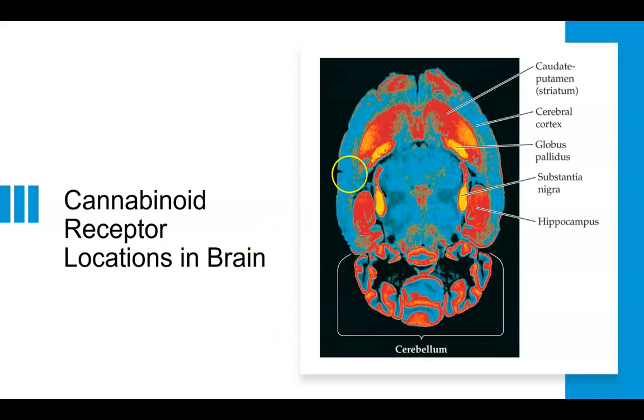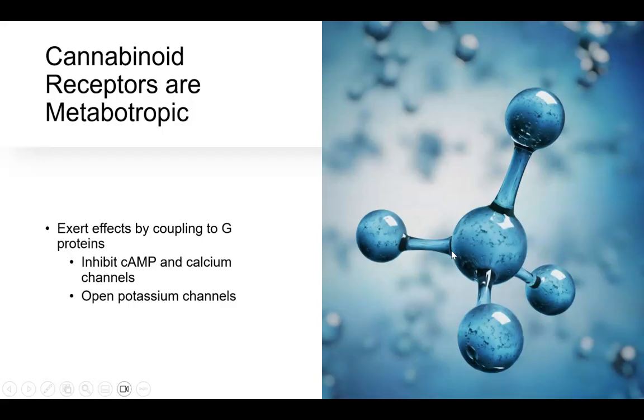Some of the greatest concentrations are in areas like the globus pallidus of the basal ganglia, the substantia nigra of the midbrain near the ventral tegmental area, and to a lesser extent, parts of the cortex, the caudate, so again the basal ganglia, the hippocampus, and parts of the cerebellum.